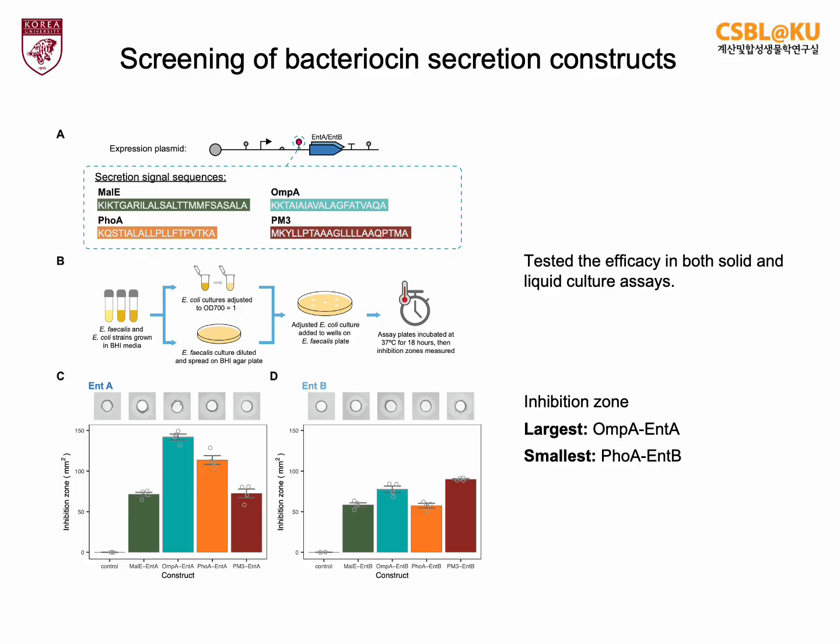All of the engineered strains were found to produce a zone of inhibition, which confirmed the antimicrobial activity of the engineered strain against the Enterococcus faecalis. The largest inhibition zone was found with the OmpA and A strain, and the smallest with the 4A and B strain. No inhibition zone was observed for the control construct, which did not contain a bacteriocin expression plasmid.